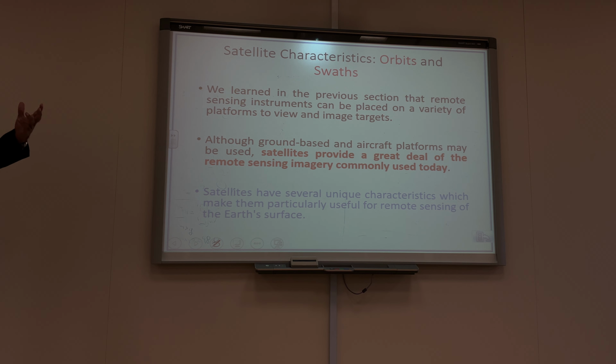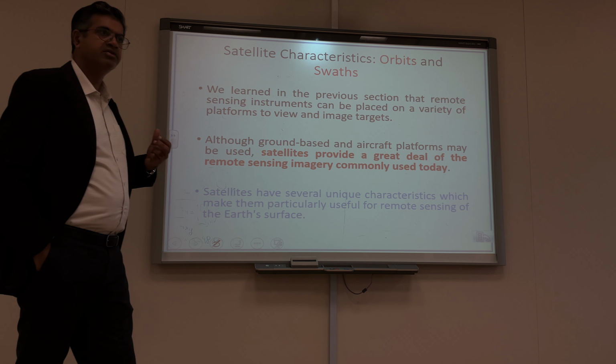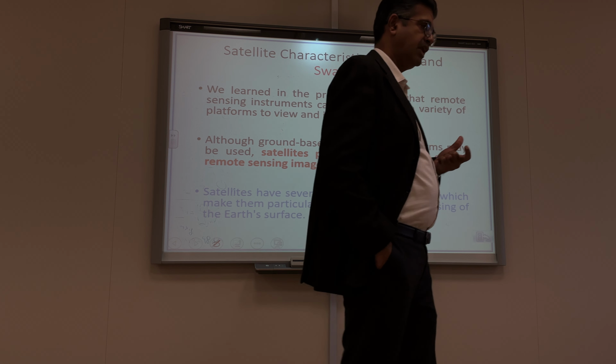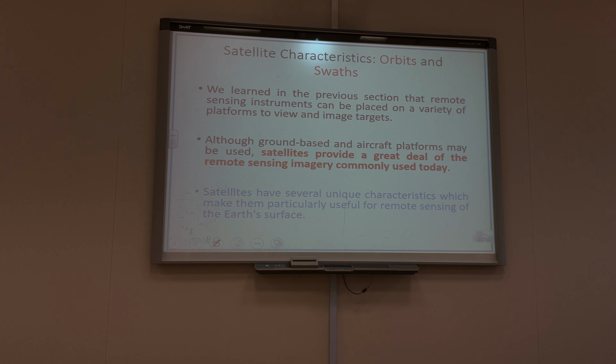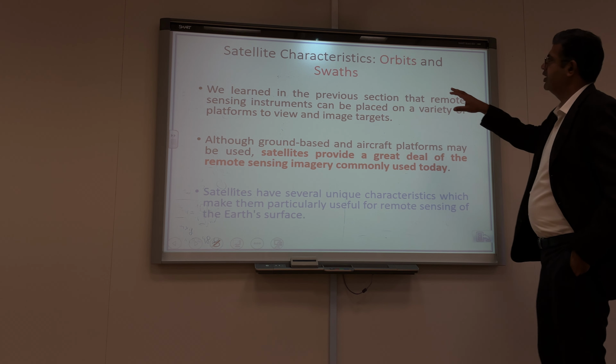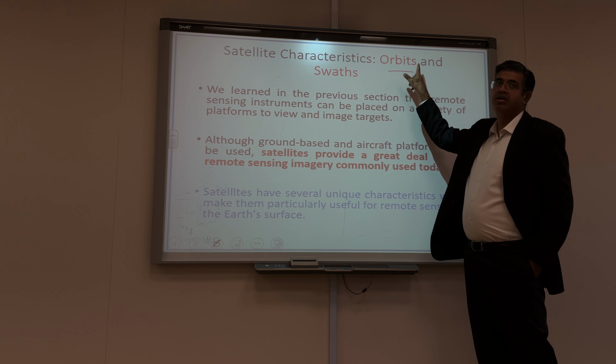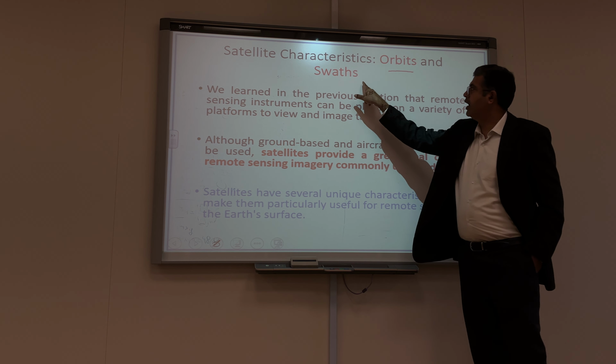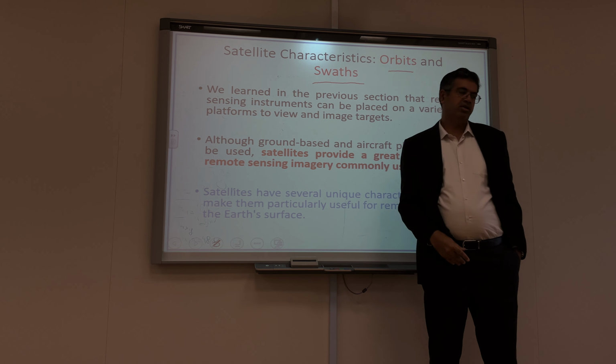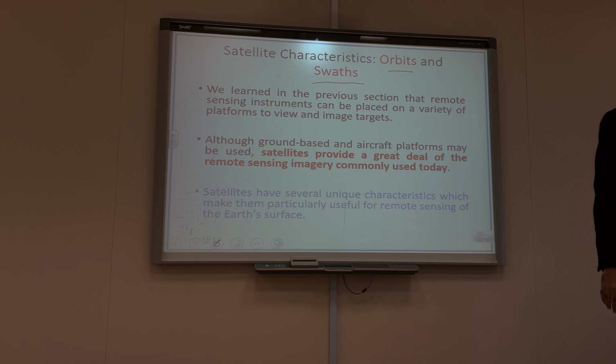So we need to understand some of the features of the satellite. When we talk about satellites, two most important things are the satellite orbit and the satellite swath. We will see what these two are.